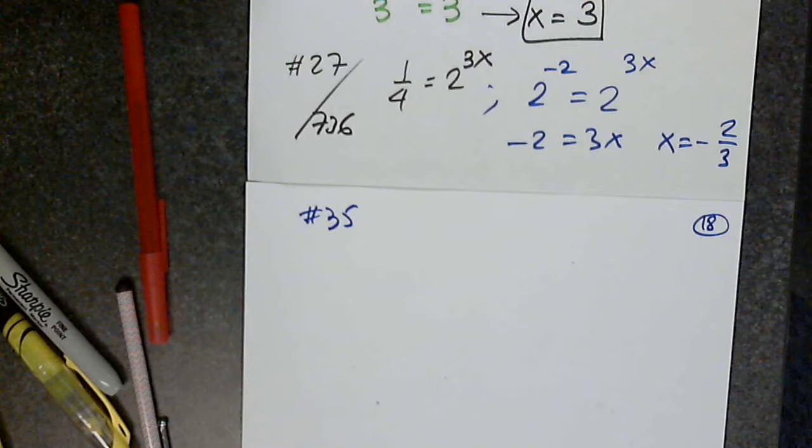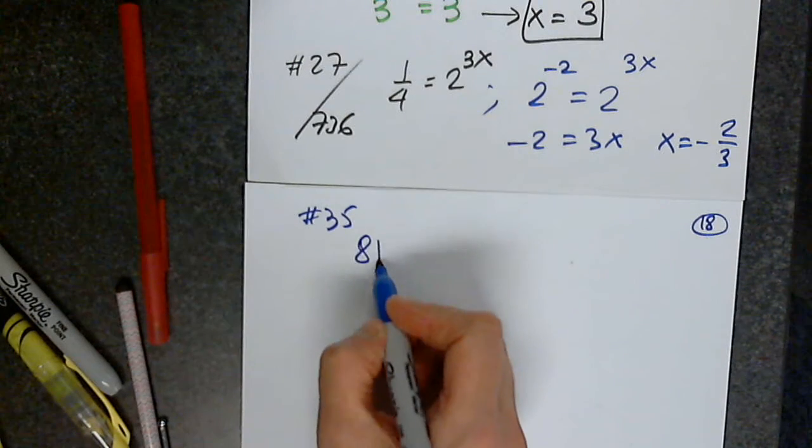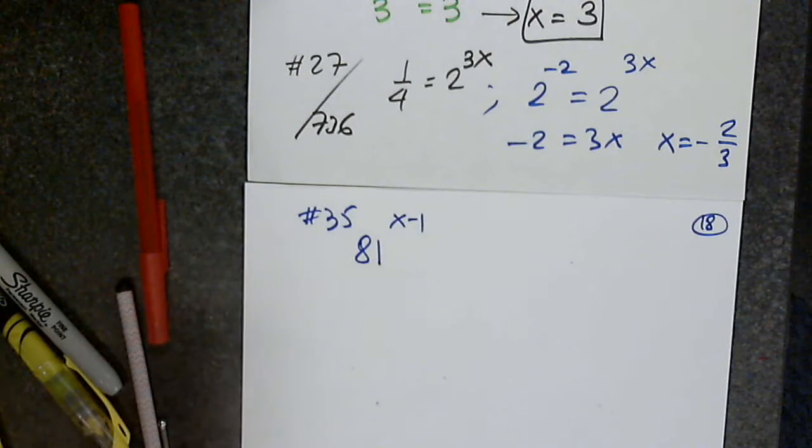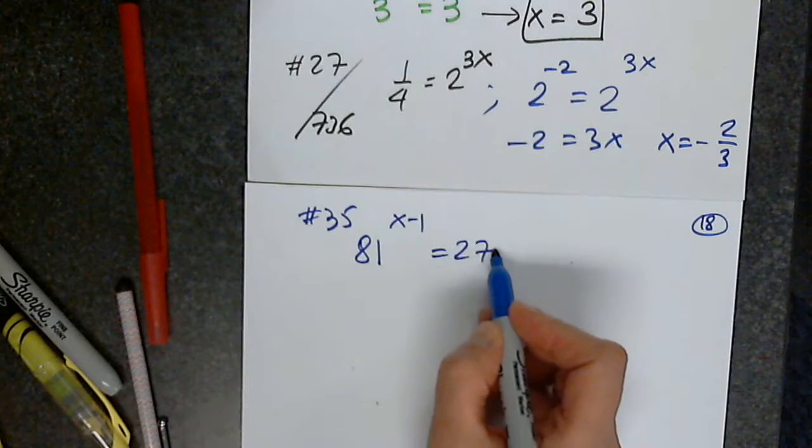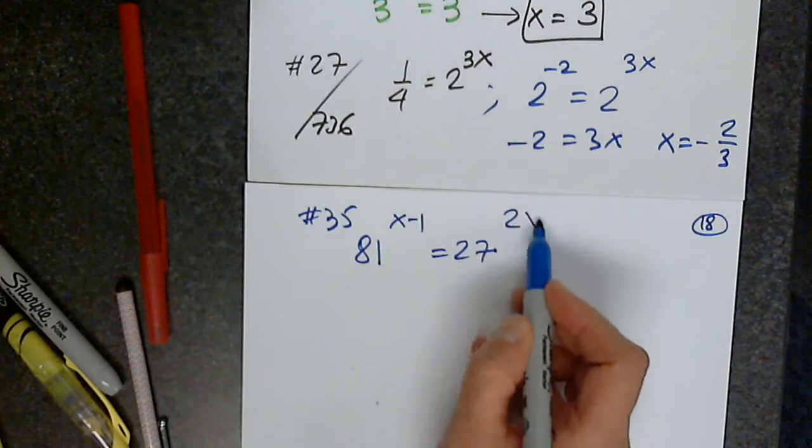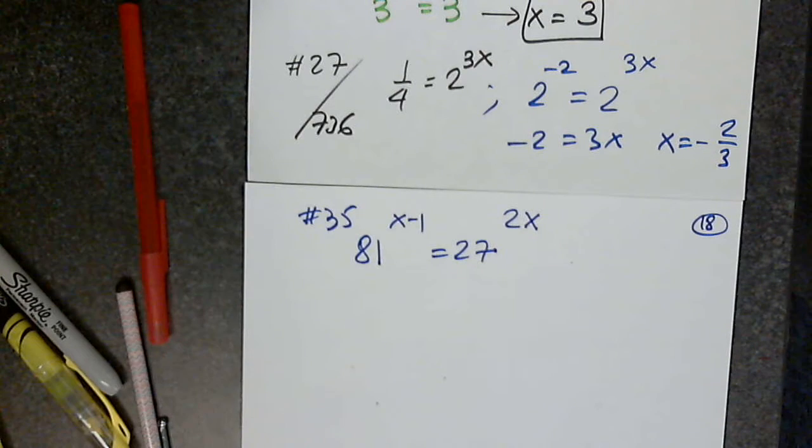All word problems here are very easy. Very easy. 35. 81 raised to x minus 1 equals 27 raised to 2x. Now you can say, oops, this is slightly more difficult and I will have to agree. Can we present 81 and 27 using the same base?